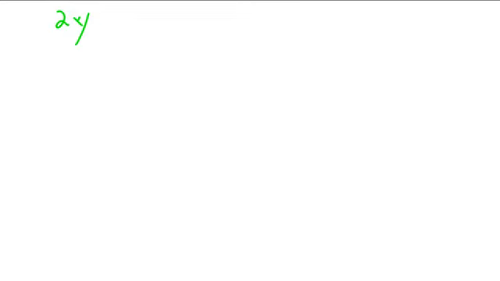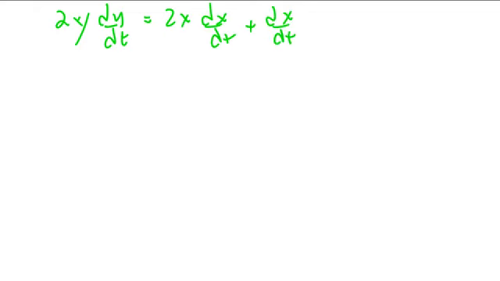So I've got 2y dy by dt equals 2x dx by dt plus dx by dt.